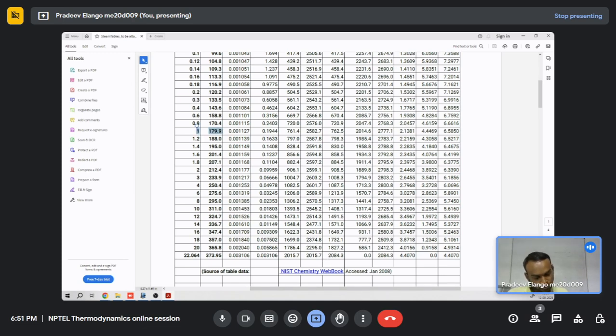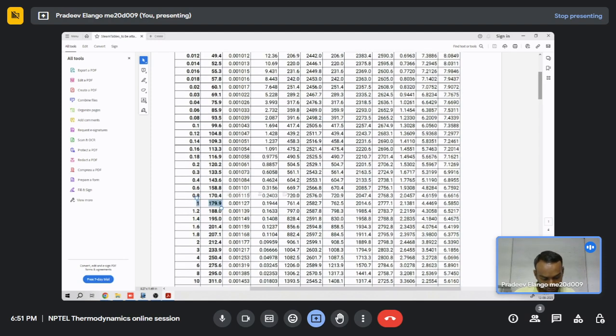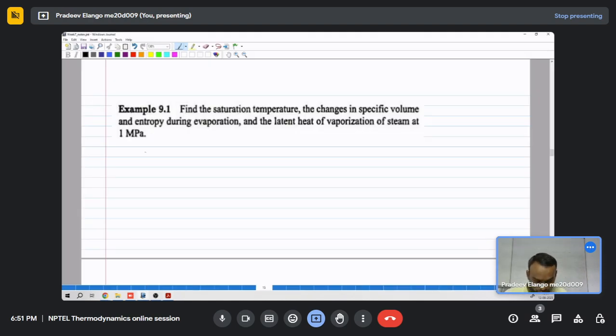At 1 megapascal, the saturation temperature we know is 179.9 degrees Celsius. So Tsat is 179.9 degrees Celsius.